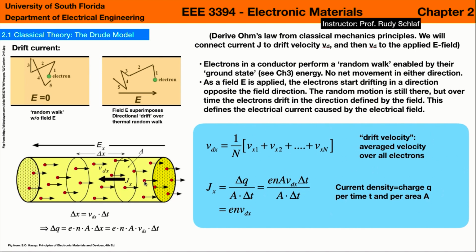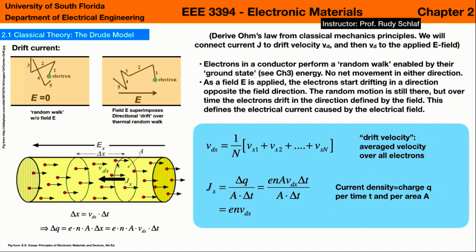So let's consider this piece of wire here that has the cross-section A. If we want to calculate how many charges we move per time through this cross-section A, then we need to figure out how far the electrons move at a given drift velocity, and that's of course just drift velocity times the delta t time that we are considering here, and that gives us delta x.